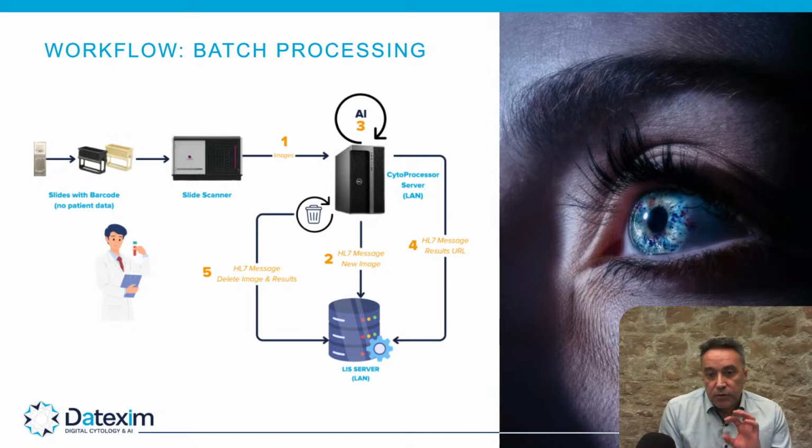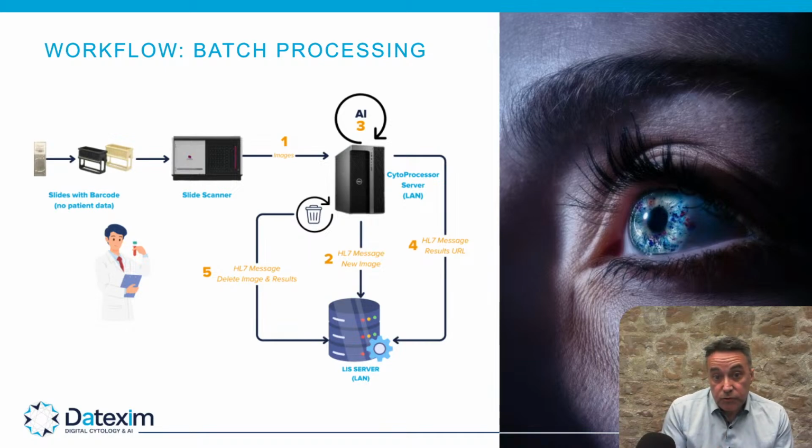Each time a slide is scanned, an image is exported to the laboratory network where CytoProcessor is installed on the server. When the image arrives on the server where CytoProcessor is installed, we detect a new image. We send an HL7 message to the LIS so that the LIS can add a link to visualize the image.